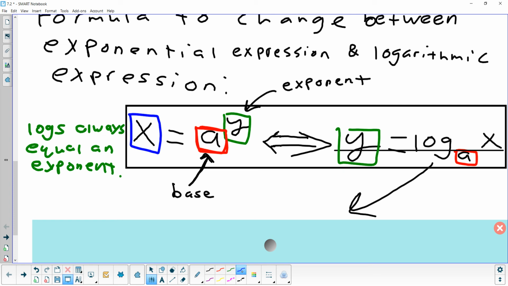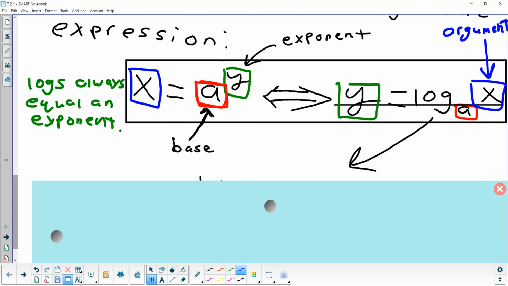Logarithms always equal exponents. And then this right here is called the argument. Kind of hard to see, but in blue it says argument. The argument is just the thing that you are plugging into a function.